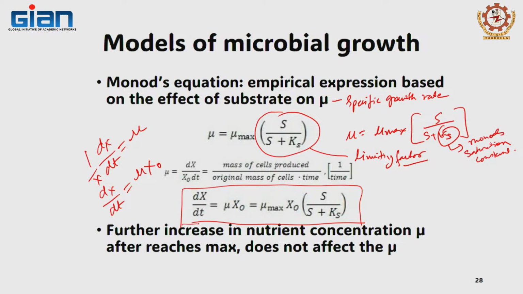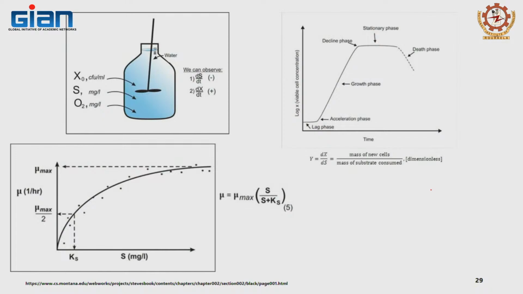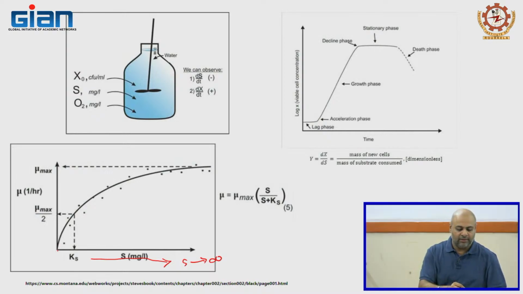Further increase in the nutrient concentration, after mu reaches its max, does not affect the mu. What it means is, as you increase the S, or S tends to go to infinity, just for now if I keep on increasing the S, the growth rate will increase and then flatten out. This is where your mu max is.